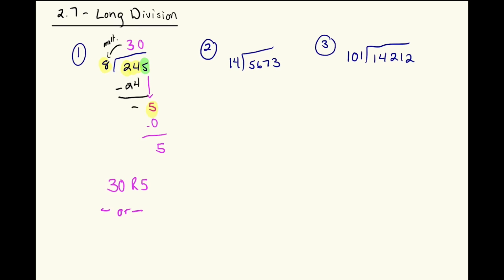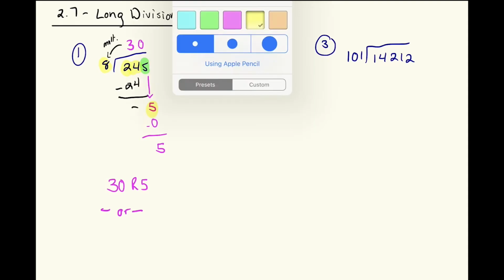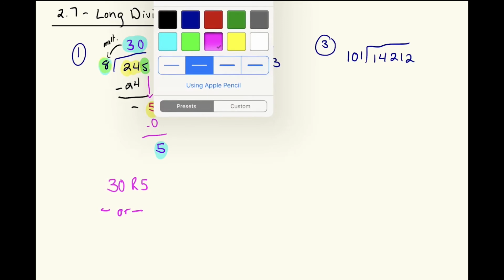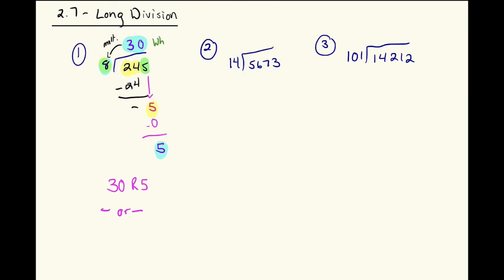or we can choose to, and I'm going to highlight this in blue, make it a mixed number. So a mixed number would be 30 and 5/8, because as you finish, we have our whole number here, we have our numerator at the bottom, and then over here, what we were dividing by is our denominator.